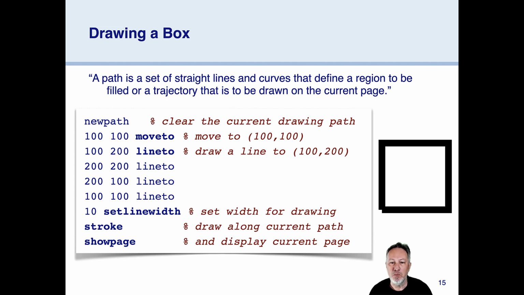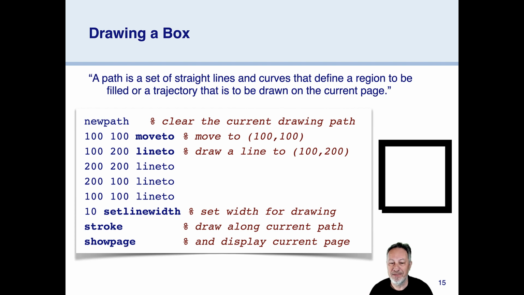First we'll move to the position 100, 100, that is 100 points to the left and above the bottom left corner of our sheet of paper. Then from that point we will draw on our path a line to position 100, 200, then up to 200, 200, back to 200, 100, and all the way back down to 100, 100. All we've done so far is defined a path. We haven't actually drawn anything on the paper.